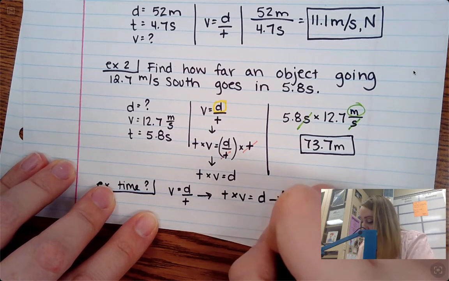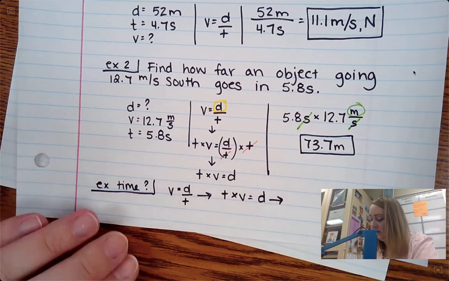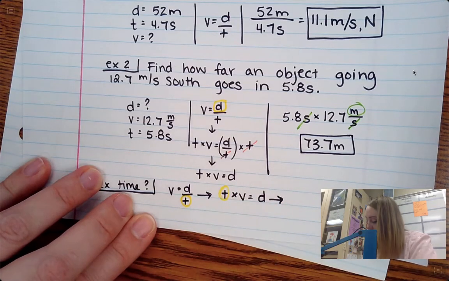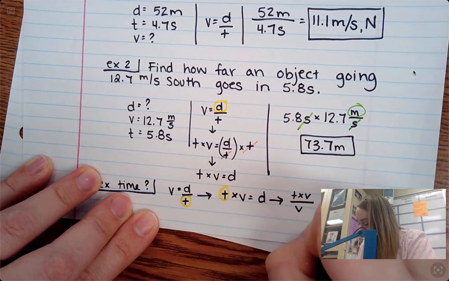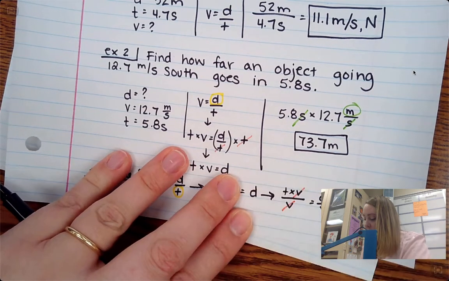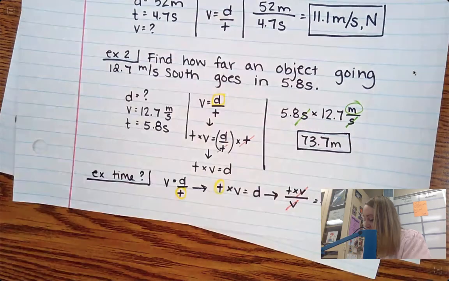Next, I'm going to divide away velocity so I can get time by itself, because my goal is to get t by itself. So divide both sides by v. When I do that, it cancels out over here. And that's what I'm left with.